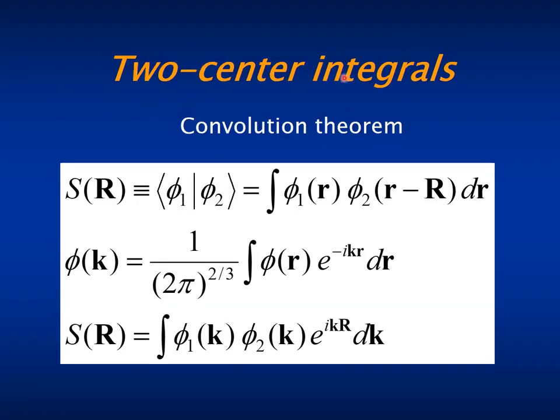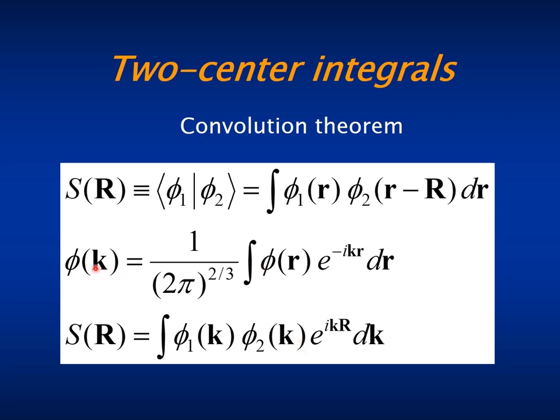The two-center integrals are performed very efficiently using the convolution theorem. Thus, the overlap between 2 orbitals phi1 and phi2, separated by a distance r, can be described as the convolution between the 2 functions phi1 and phi2. And the convolution theorem says that a convolution in real space is the same as a normal product in reciprocal space.